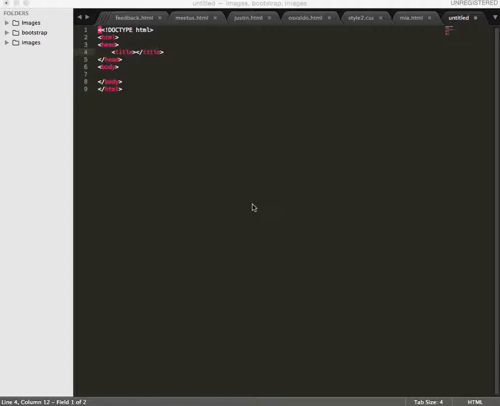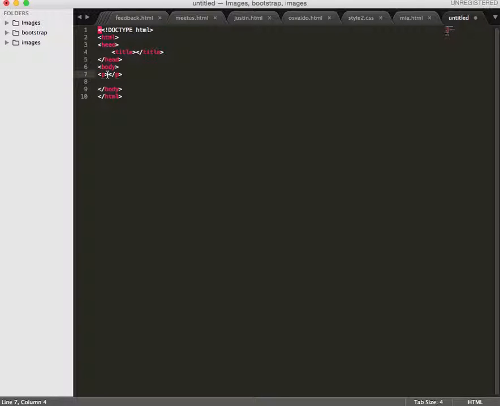All right, so the first thing we're going to discover is a tag. A tag is simple. We have different tags, like, for instance, a p tag.